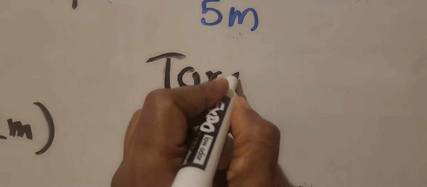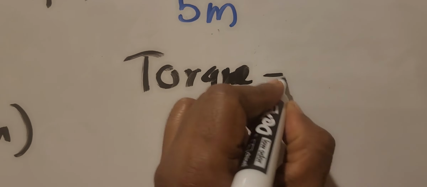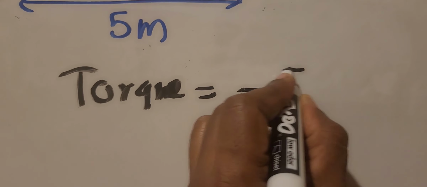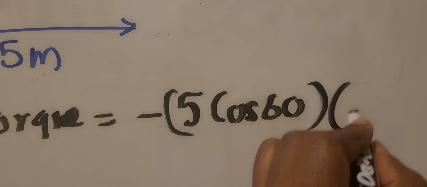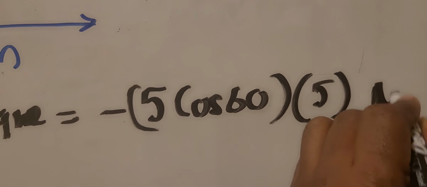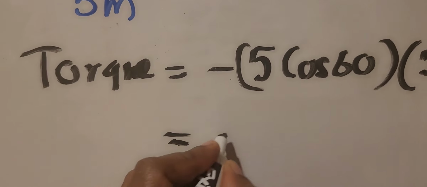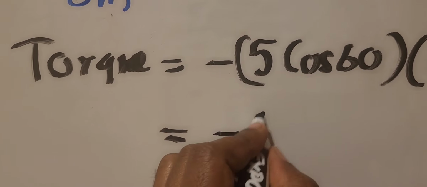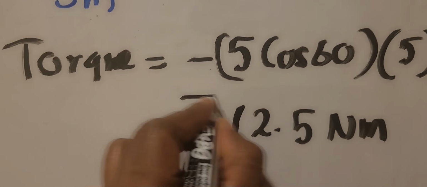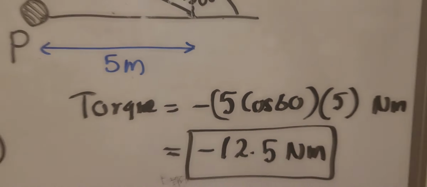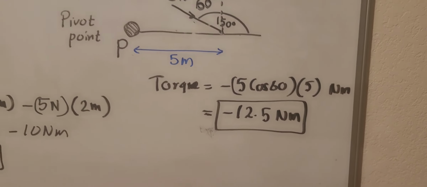The torque here will be negative 5 cosine 60 times 5 Newton meters, and that's going to be minus 12.5 Newton meters. So that's how you do that one.